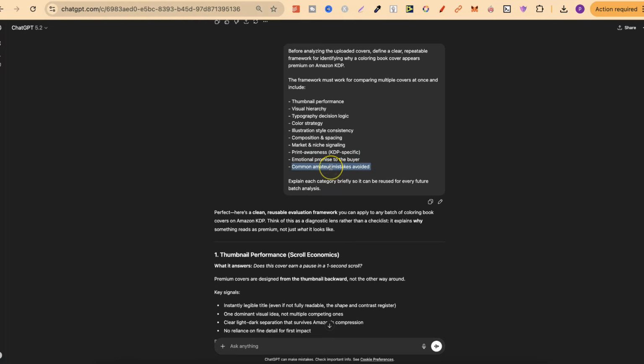Now, this one is very, very important, and you're going to see that later on in the video. Now, explain each category briefly so it can be reused for every future batch analysis.